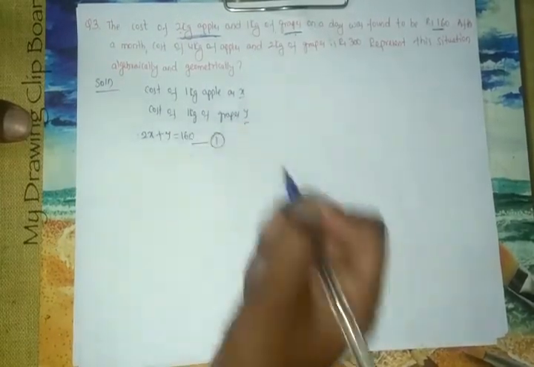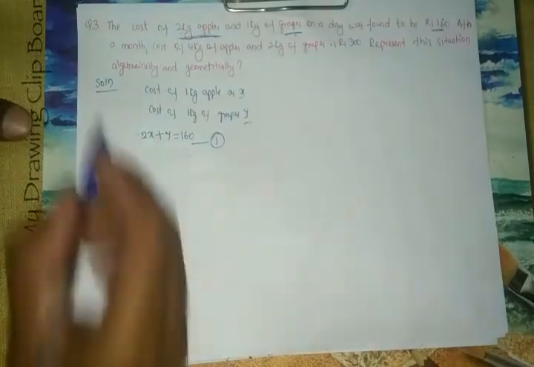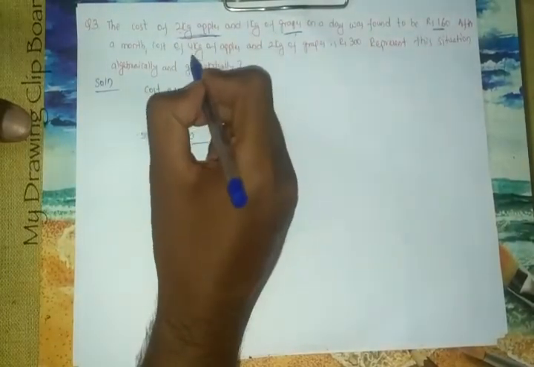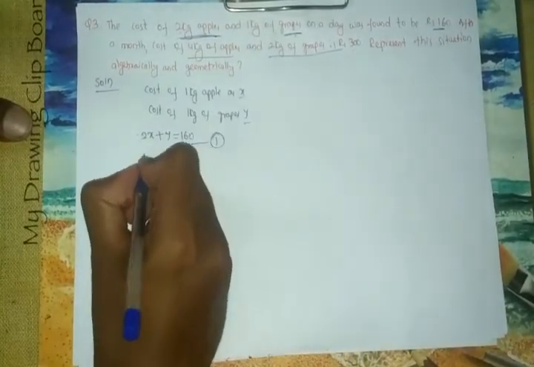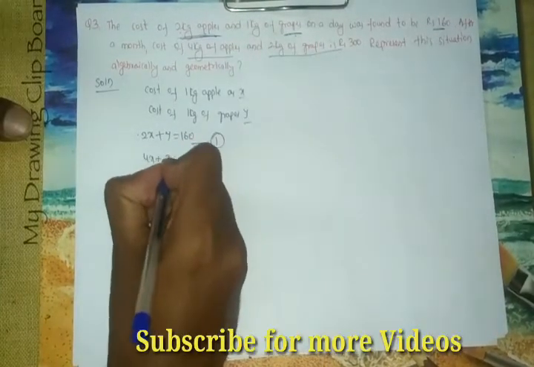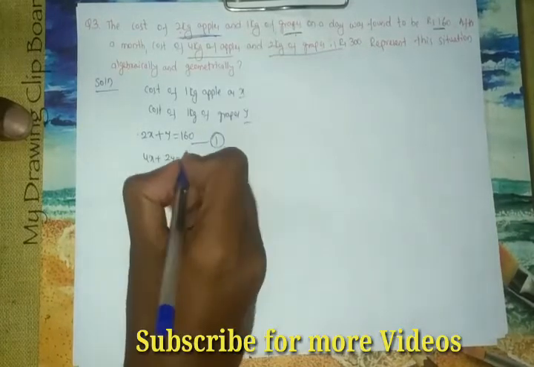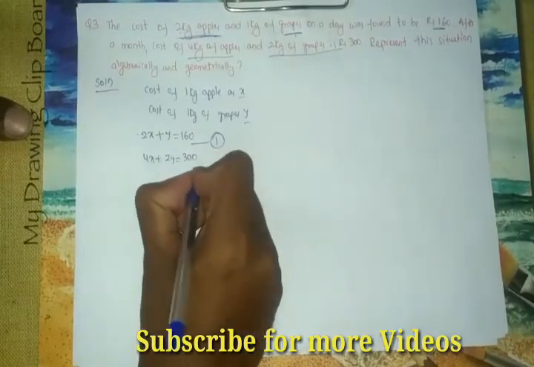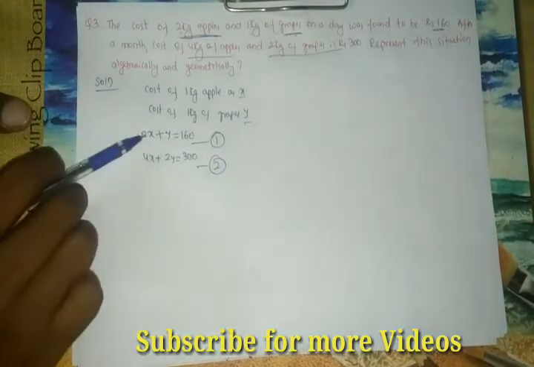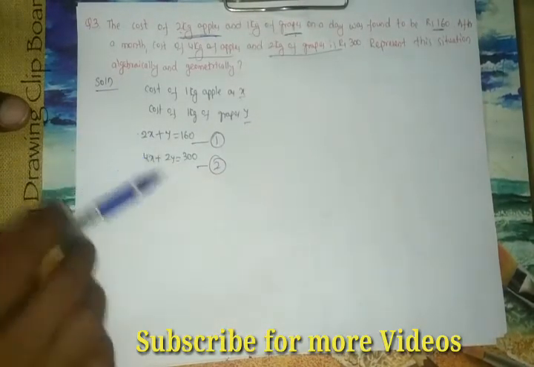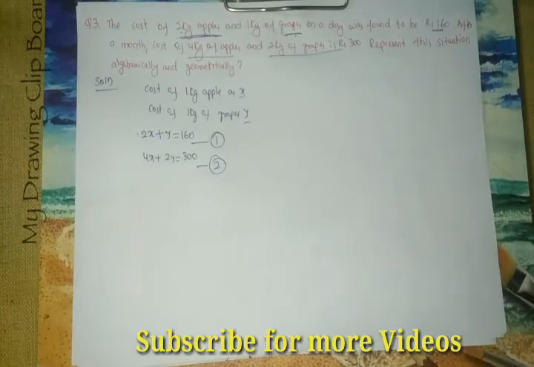This is equation 1. And one more situation is 4 kg of apples and 2 kg of grapes is 300, which is 4x plus 2y equals 300. This is equation 2. Now we have to represent these two equations geometrically or graphically.